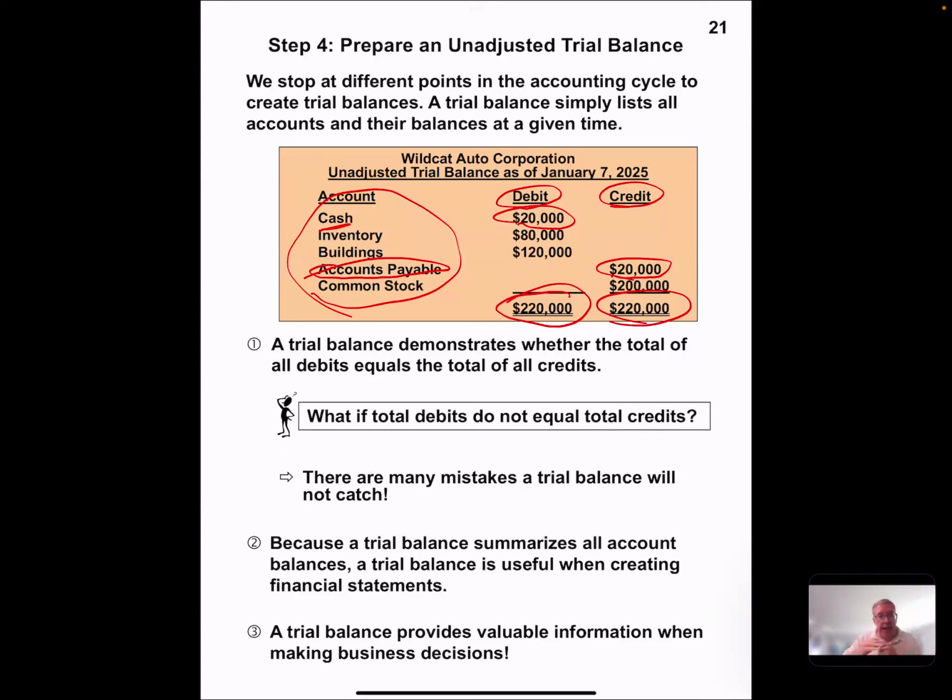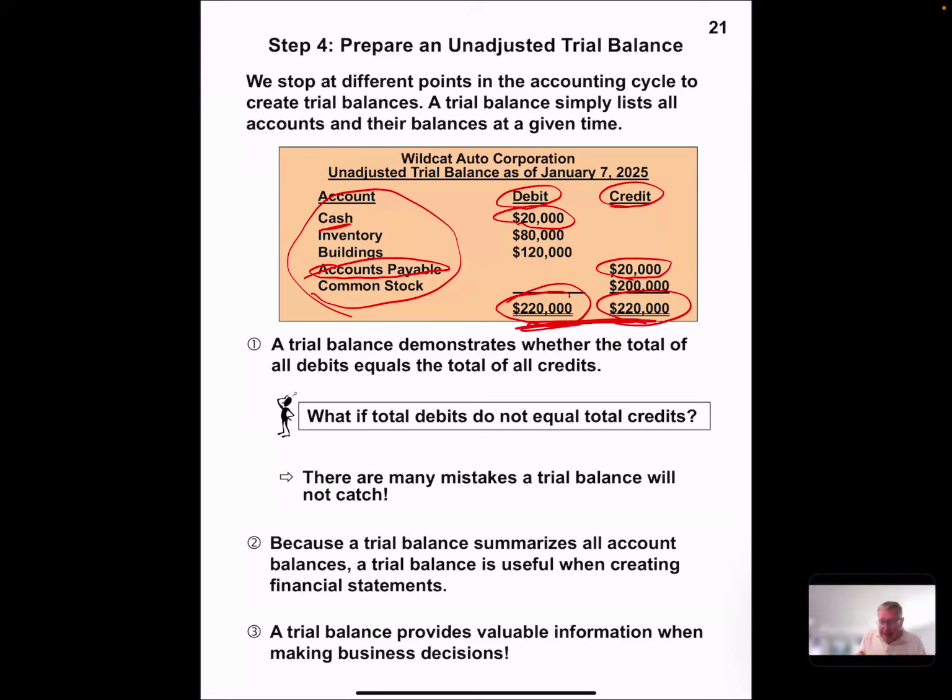So certainly your accounting equation was correct to start. So all debits and credits were equal. They were all zeros before this business got started. And then we went through, and every time we recorded a transaction, we made sure that debits equal credits. If we did that correctly, and then you did your posting correctly, then this sort of has to be guaranteed that these two numbers would equal each other.